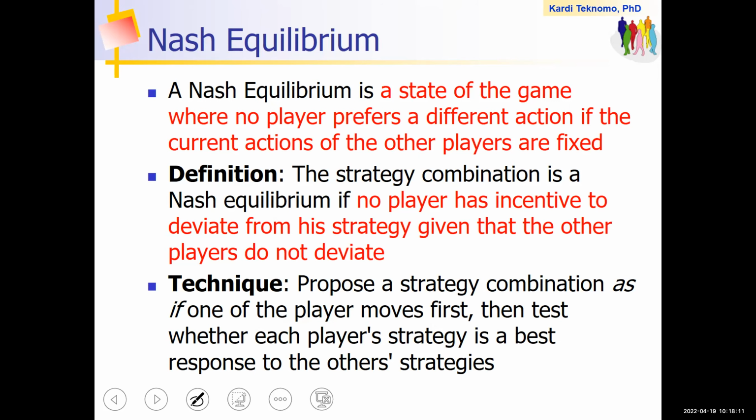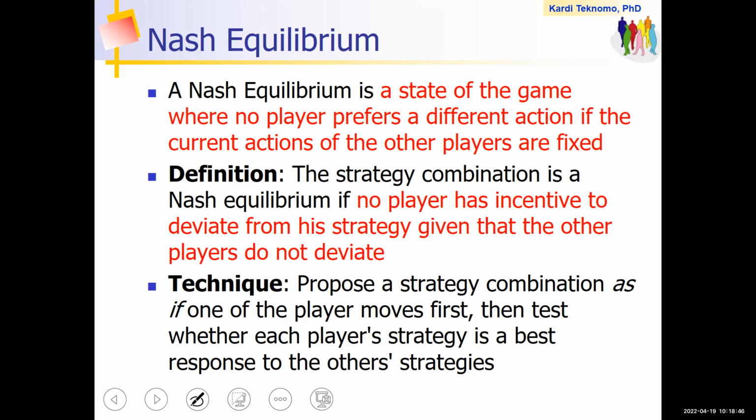So Nash equilibrium is a state of the game where no player prefers a different action if the current action of the other player is fixed. So you need to fix the action of one player and then you check the other one. Okay. So the definition, a strategy combination is called Nash equilibrium if no player has incentive to deviate from this strategy, given that the other player also does not deviate.